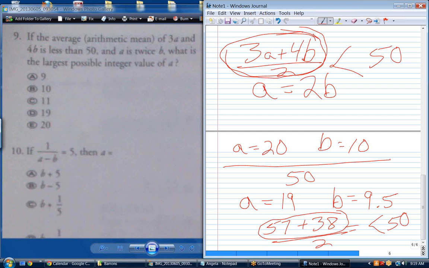Considering the question as to whether we need to test it or not, I think we probably do. Because when we change and try 19 instead of 20, the arithmetic average that we're looking at is not linear, it's not uniform. It's not the same number of A plus the same number of B divided by 2, it's 3A plus 4B.